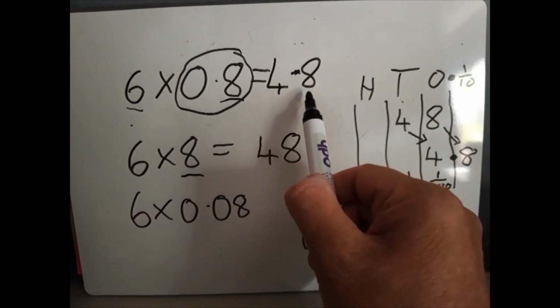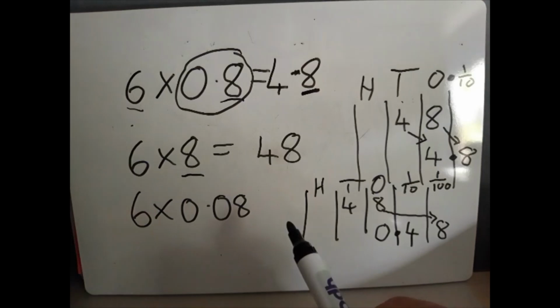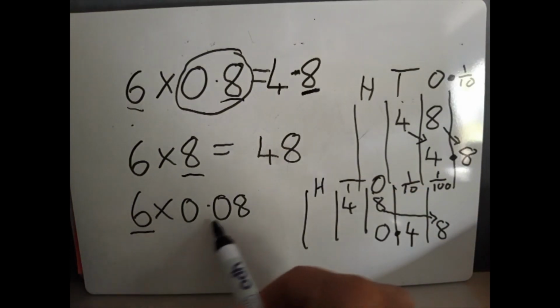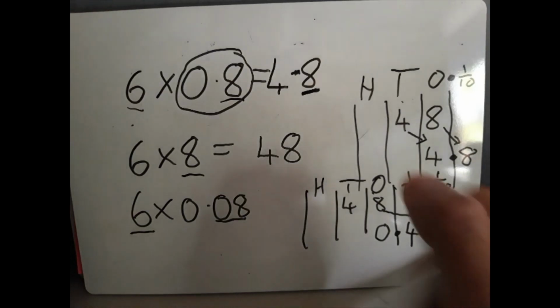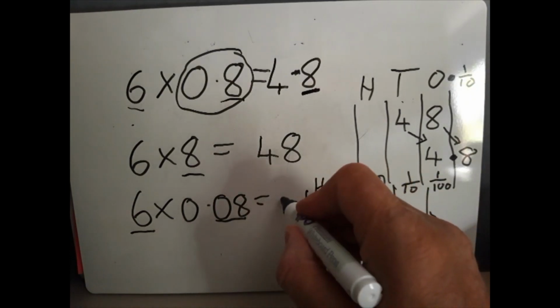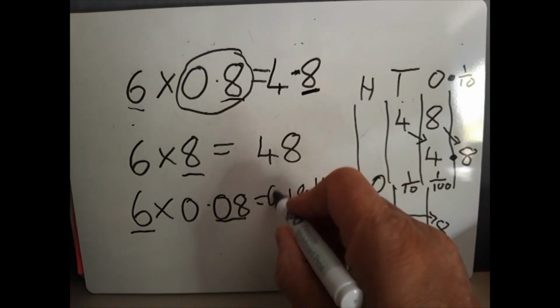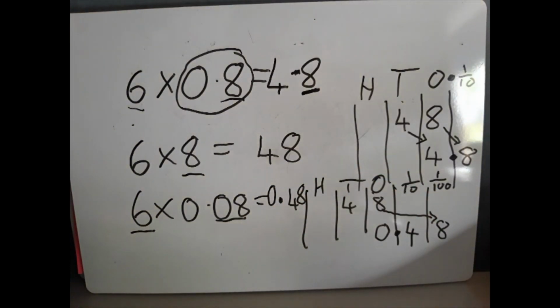So my answer has got 1 decimal place, 4.8. This one here, no decimal places here, but I've got 2 decimal places. So my answer has to have 2 decimal places, and this time it will have no ones, no units. So hopefully that will help. Good luck with the rest of the questions.